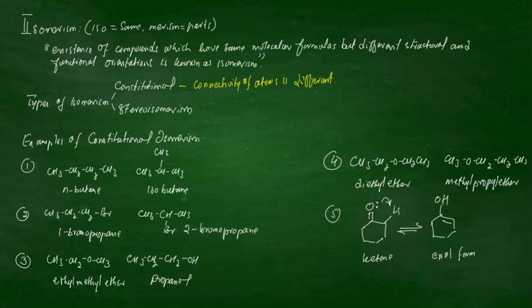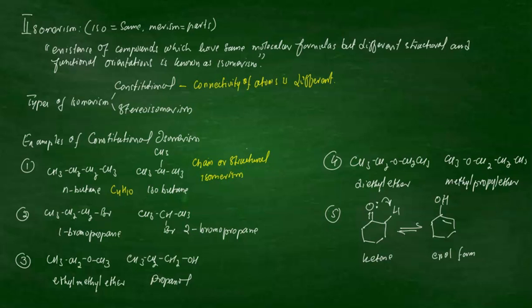They have the same molecular formula of C4H10, but they have different chains, they have different structure. Such type of isomerism is known as chain or structural isomerism.